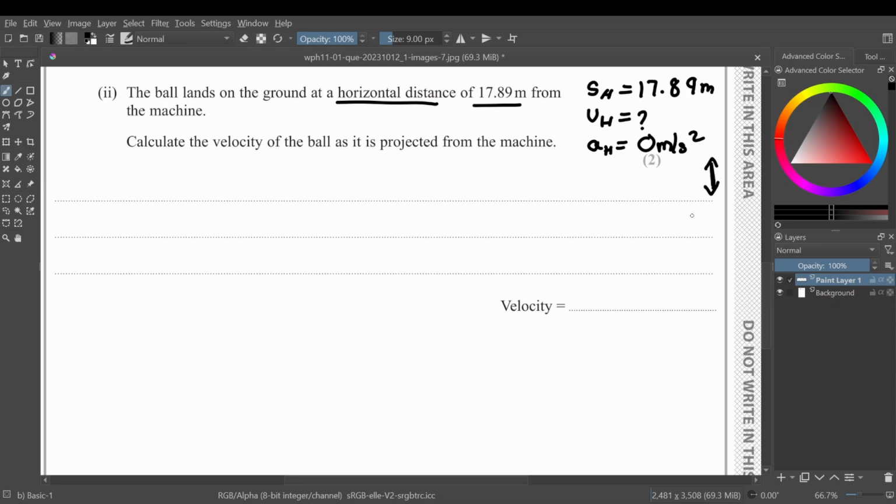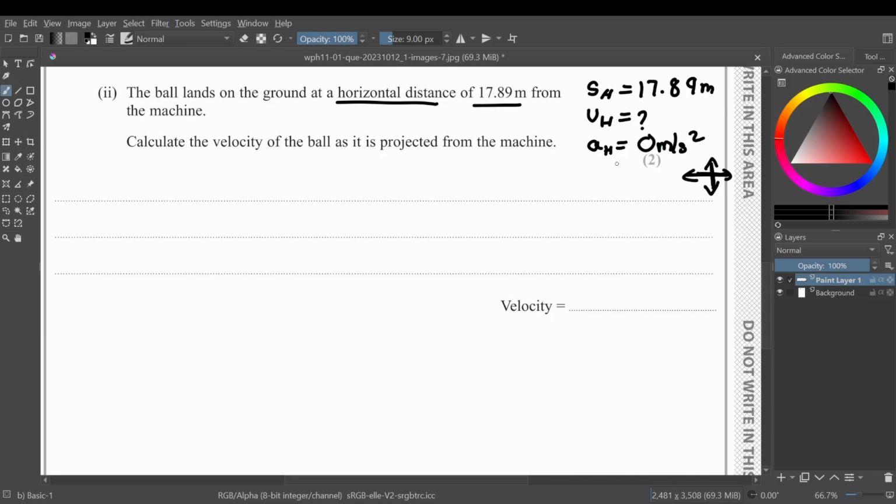That's why we consider that the acceleration is gravity, which is 9.81. But for the horizontal part, there is actually no other force helping it to move more towards the right or more towards the left, or etc. So as there is no force, there is no acceleration, which means there is constant velocity.